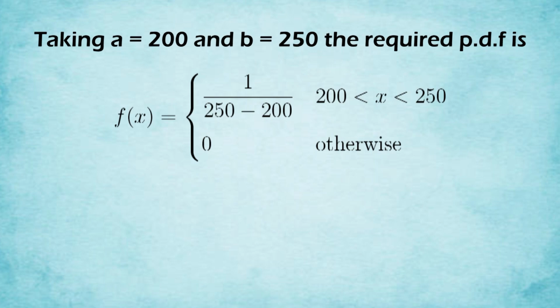Considering a is equal to 200 and b is equal to 250, we have the PDF as f of x is equal to 1 by 50 in the interval 200 less than or equal to x less than or equal to 250, 0 otherwise.